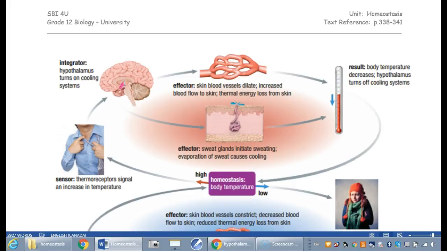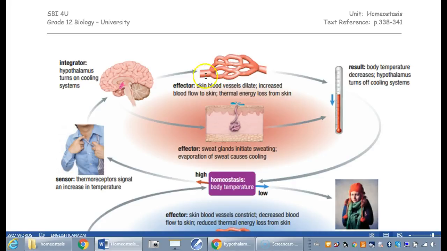One of these effectors is our blood vessels. They're going to dilate, or get wider and bigger. That makes our blood able to flow a little faster, and it allows our warm blood to get close to the surface of our skin. That close proximity is what allows some of our body heat to simply leave our body, and that's what cools us down.